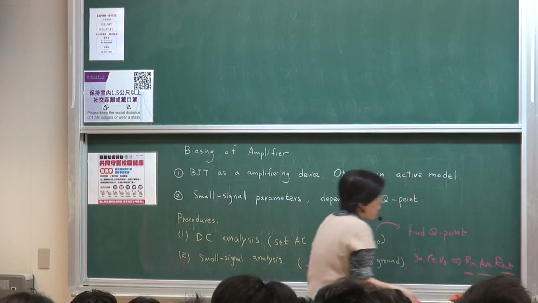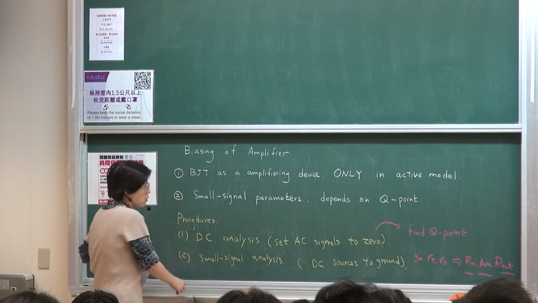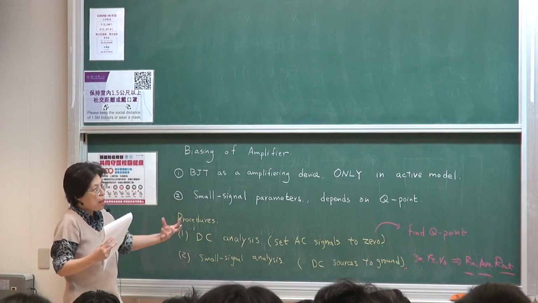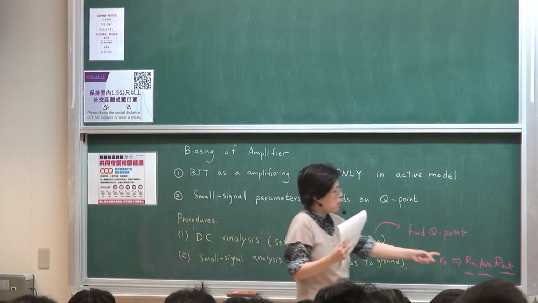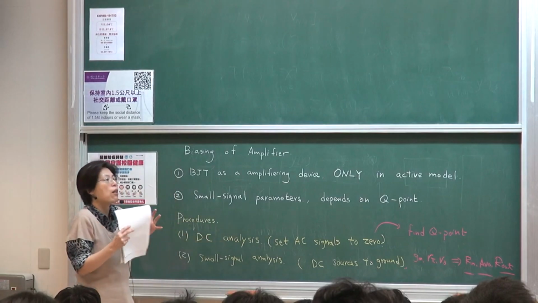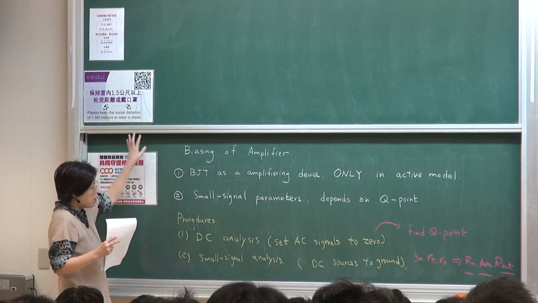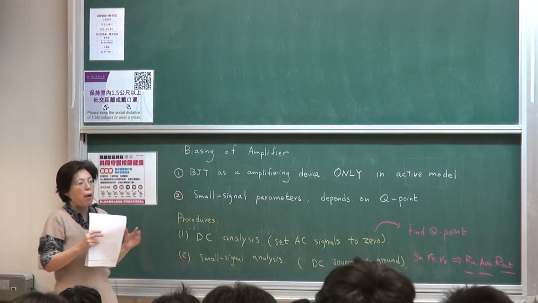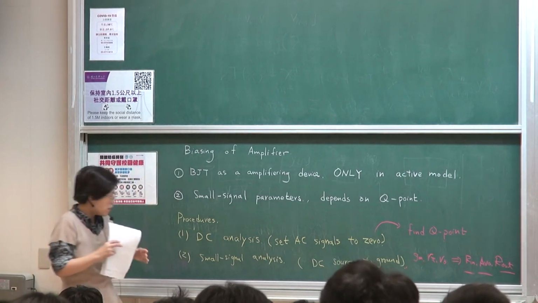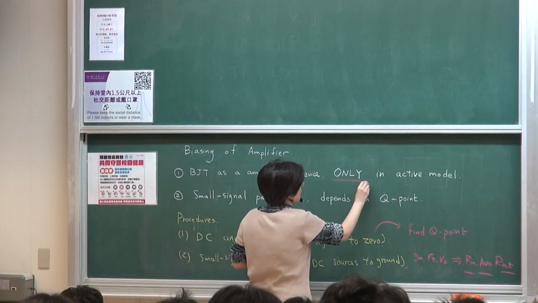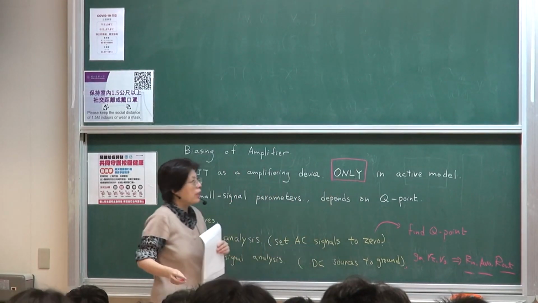These are the key parameters you want to find out as your small signal behavior as an amplifier, for example, a voltage amplifier. You need these 3 key parameters describing how this amplifier works. Okay? So one of the key things of biasing is to make sure that your device is operating in active mode.